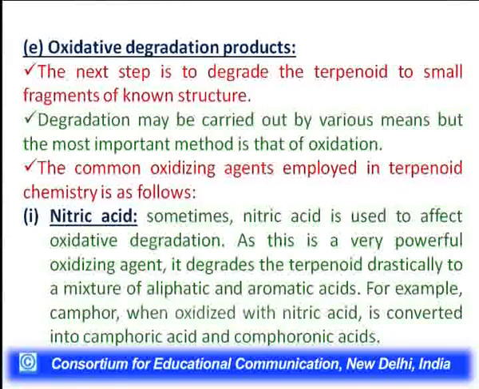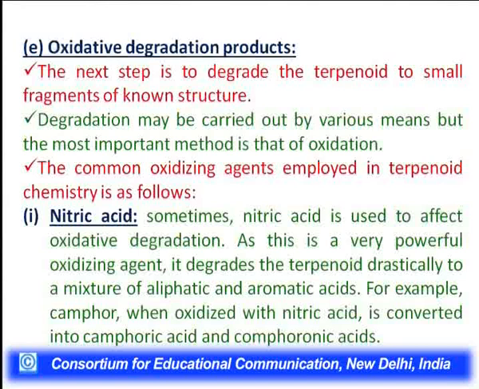Then comes the oxidative degradation products. After the discussion of the ring, we will decompose the compound. We will oxidize the terpenoid compounds with different oxidizing agents and convert the terpenoid into smaller moieties, and from the structures of the known smaller moieties, we will back calculate the structure of the terpenoid.